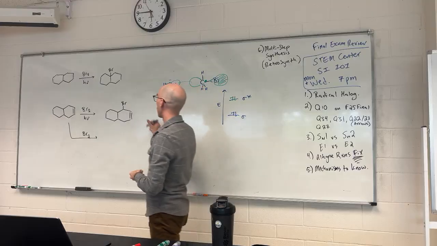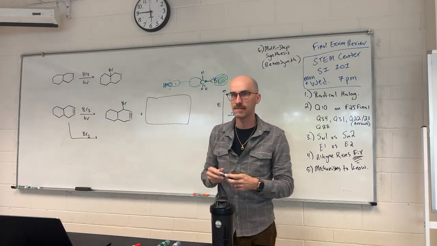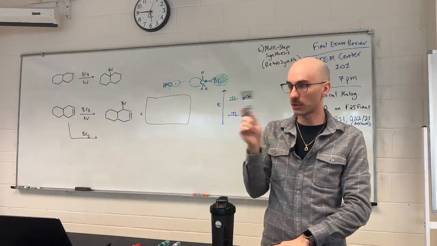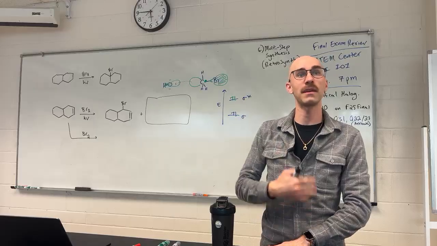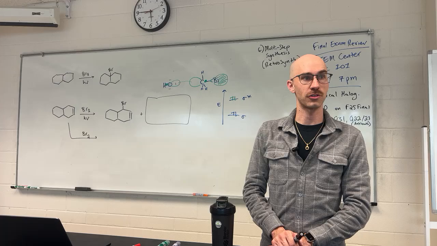So there is another product that forms in this reaction. Do you remember the tip that I gave, the relationship that they have? It gave it a certain type of name that helps you quickly identify their structures.